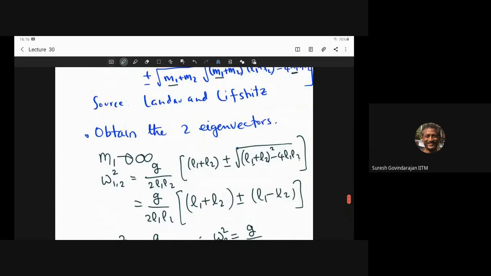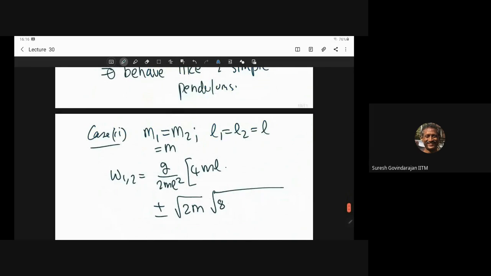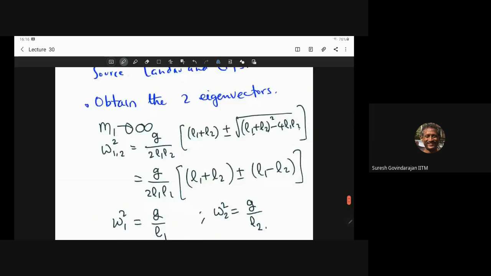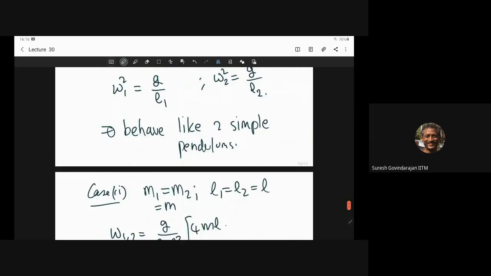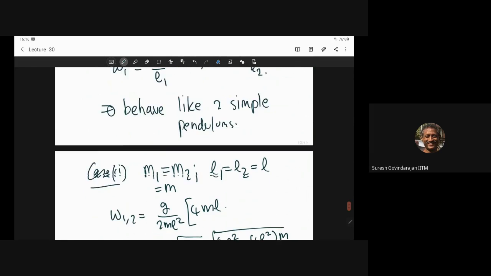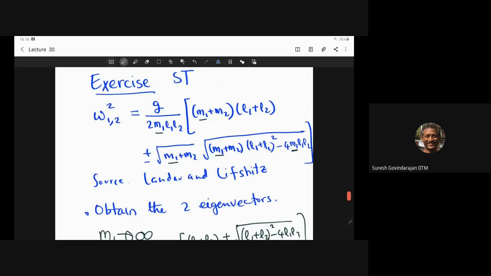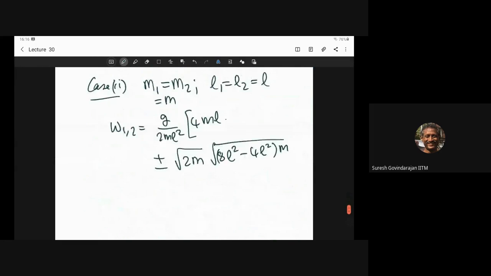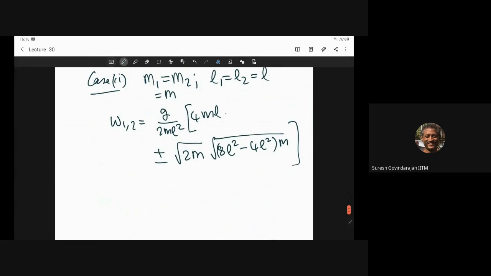Is 2 M. Okay, so all the M's disappear. So we get something like G by L, 2L into, so M by 4L plus or minus.